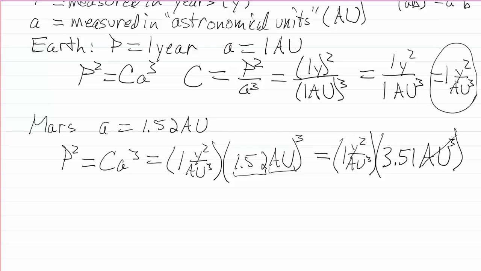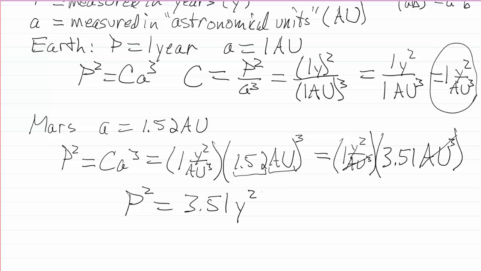The AU cubed here will divide with the AU cubed there, and when I multiply this together on the right side, what I'll have is 3.51. The units that are left are years squared. And so that's the orbital period squared.